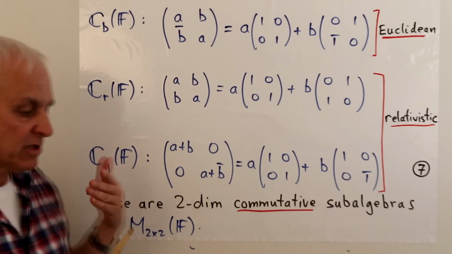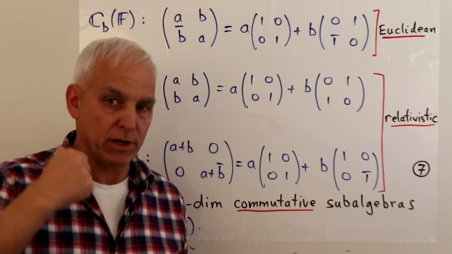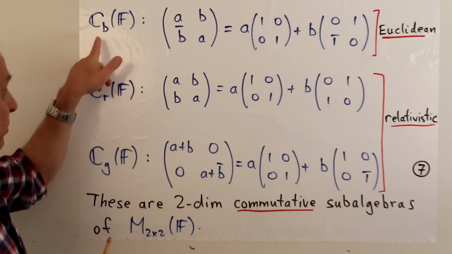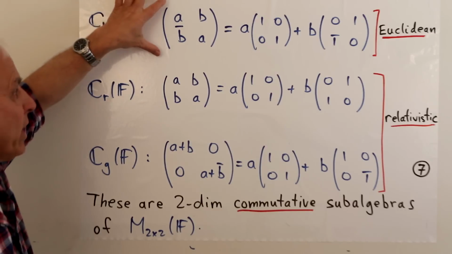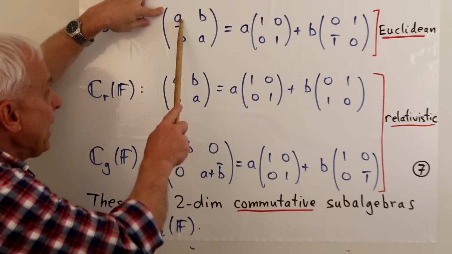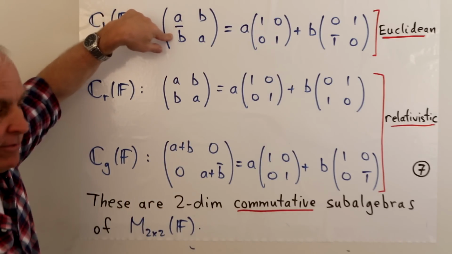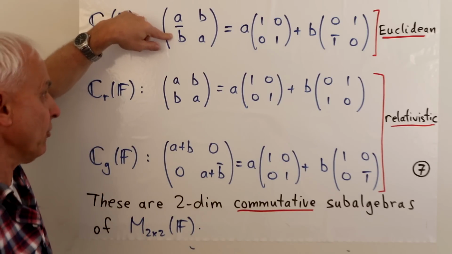So here, specifically and concretely, are the three algebras that we are going to be looking at. First of all, the blue one. We're going to be looking at matrices of this particular form: A, B, minus B, A. Remember, this bar is like a minus, so I'll say minus just to remind you of this convention.